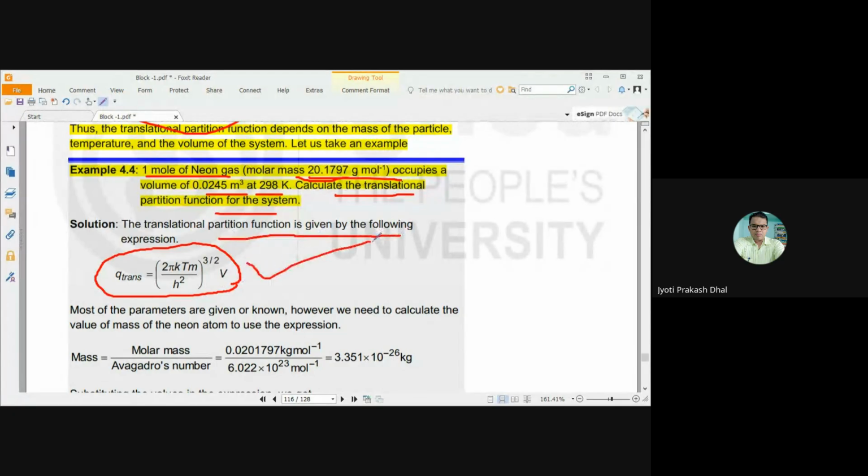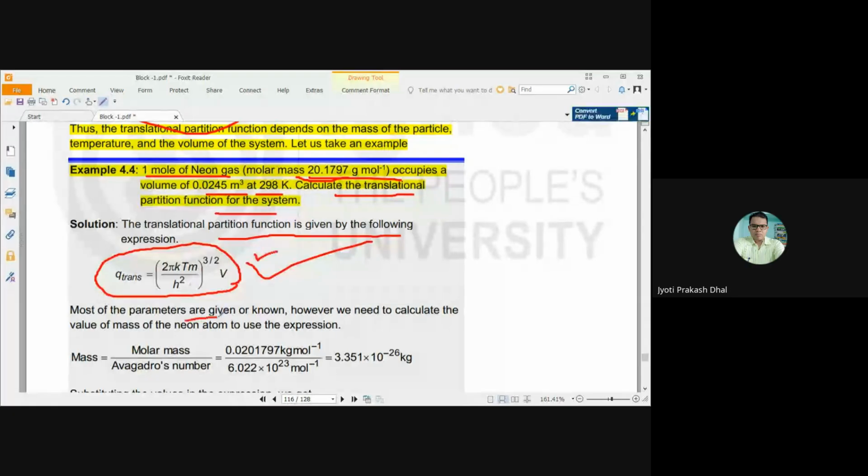So this expression also you have to remember, that is Q translational equals to (2 pi kTm divided by h square) to the power 3 by 2 into V.